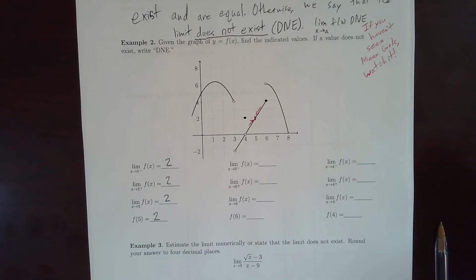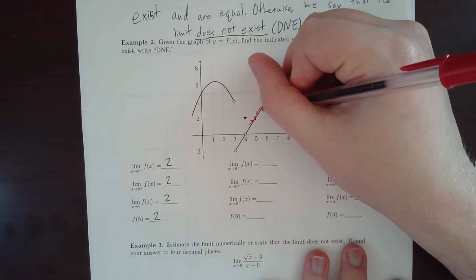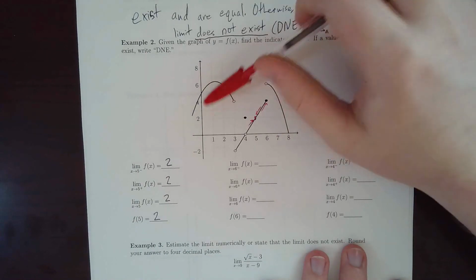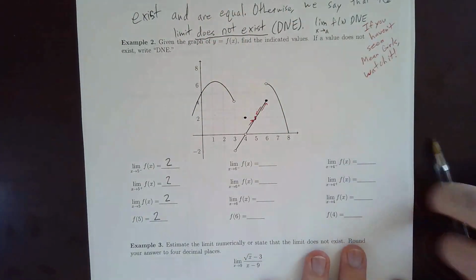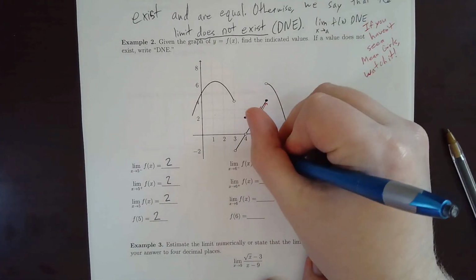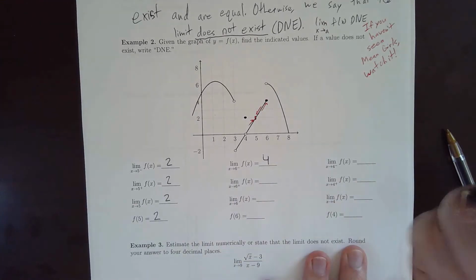Now, let's take a look at when x is 6. So when we're looking at 6 from the left, it looks as though we're getting closer and closer to this y value of 4. So we can go ahead and say the limit as x approaches 6 from the left is 4.